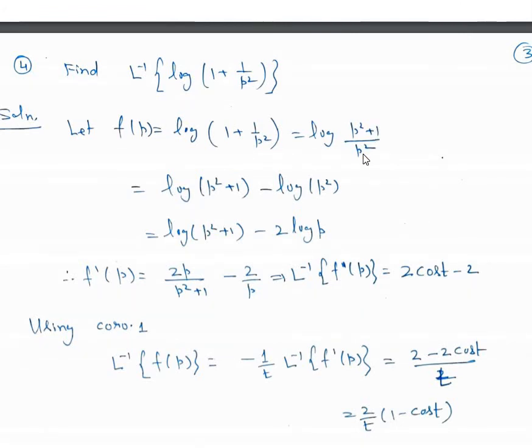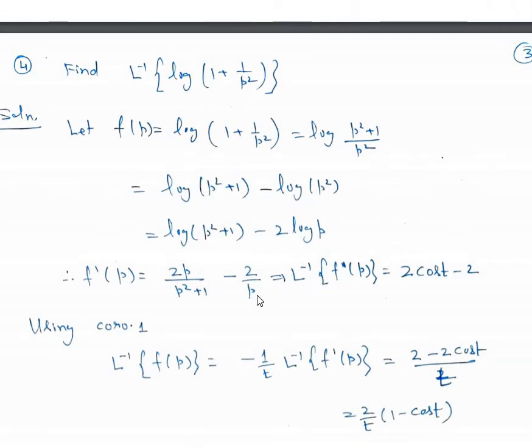And now log of a upon b is log a minus log b. So therefore this is log of (p square plus 1) minus log of p square. Log of (p square plus 1) as it is, and log of p square is 2 log p. Now you differentiate it. F dash of p is 2p upon (p square plus 1) minus 2 upon p.